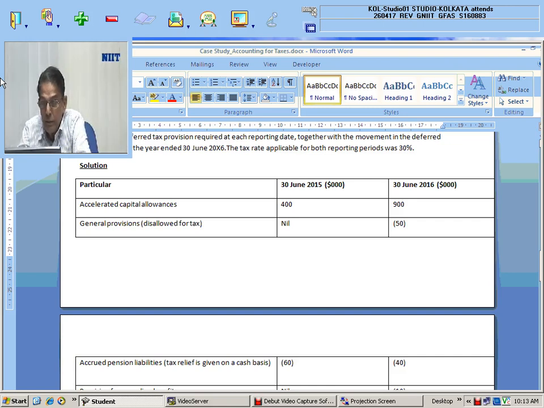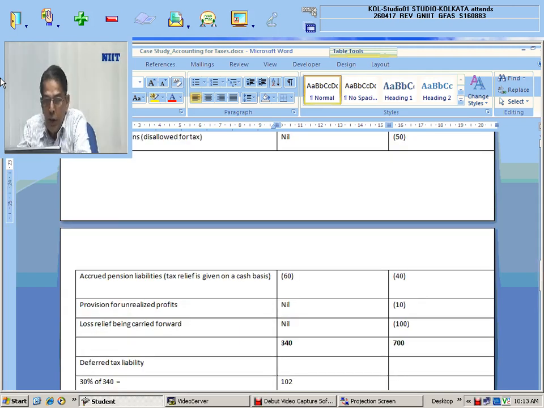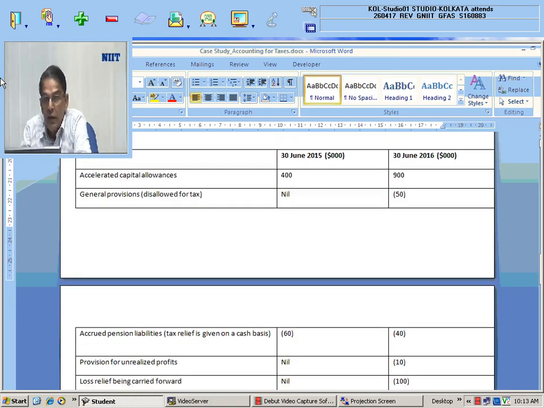Provision for unrealized profit is nil, loss relief being carried forward is nil. So total temporary difference, adding the assets and liability side, comes to 340. 400 minus 60, 340. Similarly, as on 30th June 2016, accelerated capital allowance is 900.